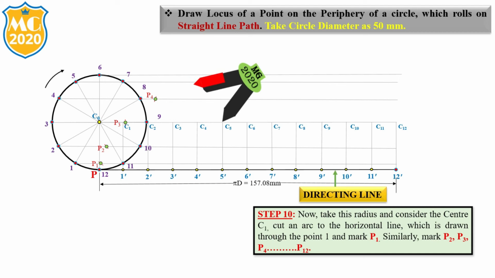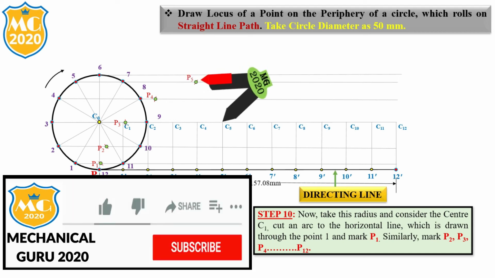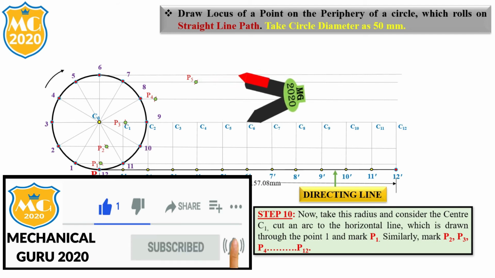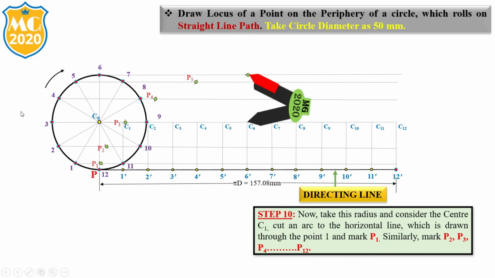Now center is C5. This is P5. Now center is C6. Okay, here but the line is number 6. Okay, so this is P6. Similarly, P7, P8, P9, P10, P11 and P12. Same procedure we have to apply.